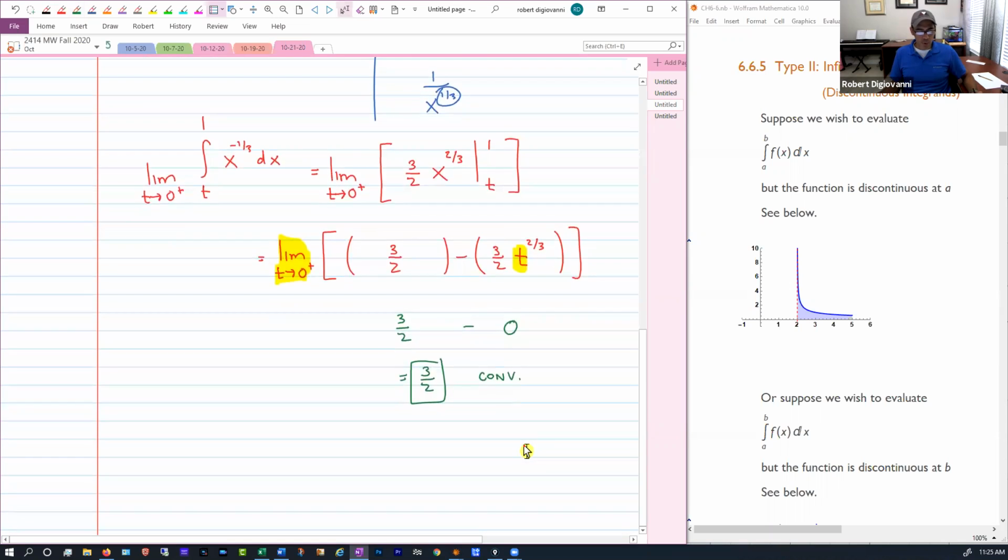So we're not going to go prove this, okay? But we do have a conclusion we can draw from this. The integral from 0 to 1 of 1 over x to the p dx can be two different things. It will converge if the p is less than 1, and it will diverge if the p is greater than or equal to 1.